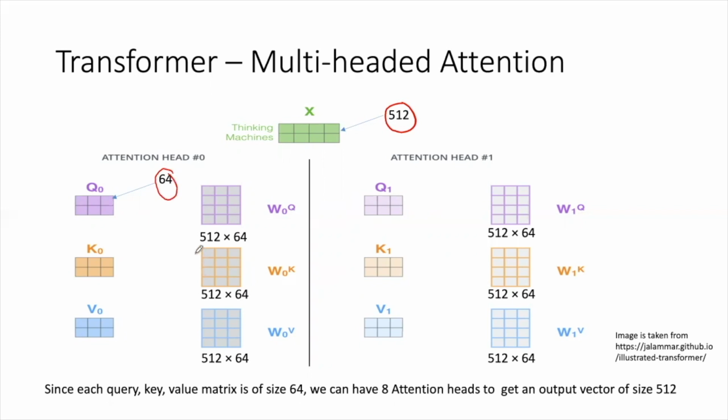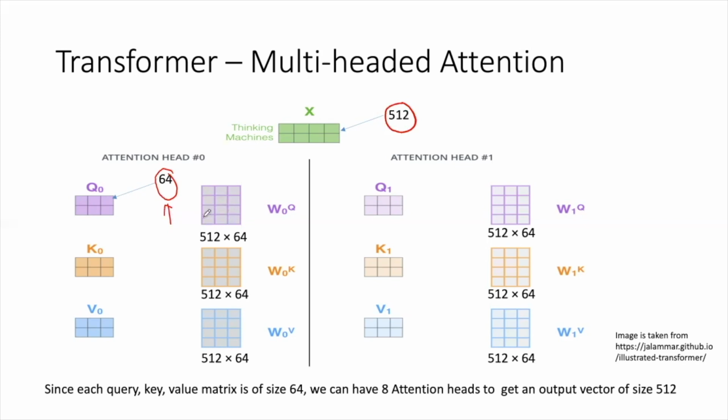Since we have reduced the dimensions, when we combine the value vectors and generate a contextual representation for each of the words, they will be of dimension 64.